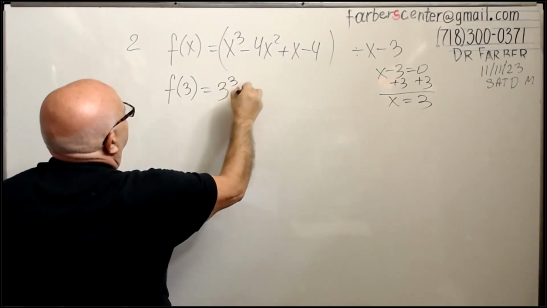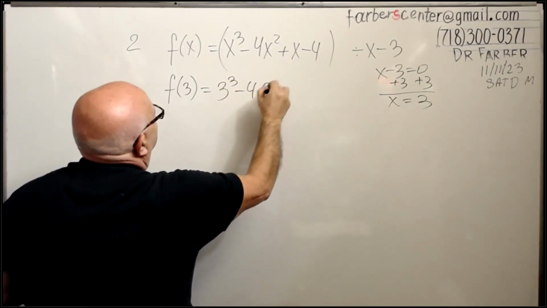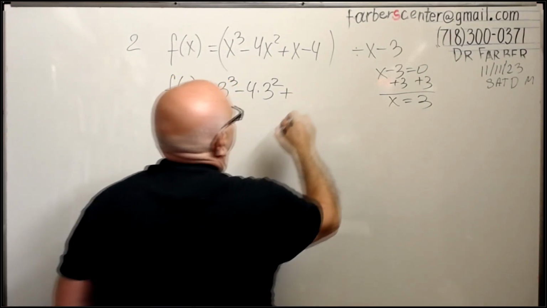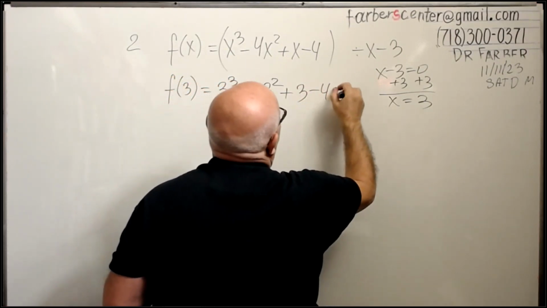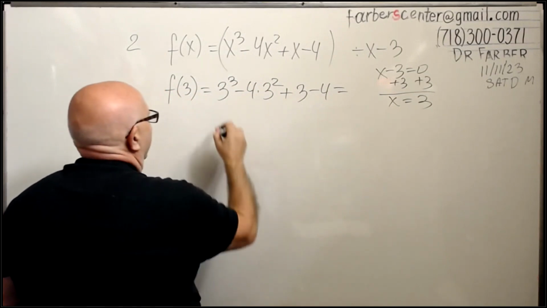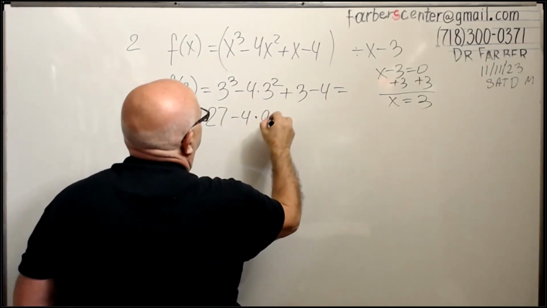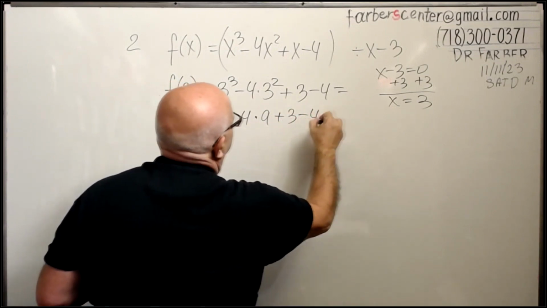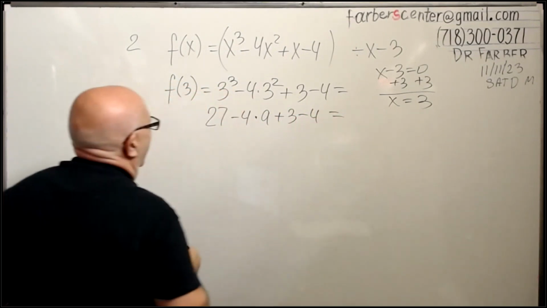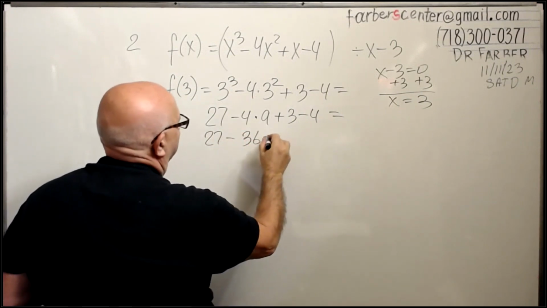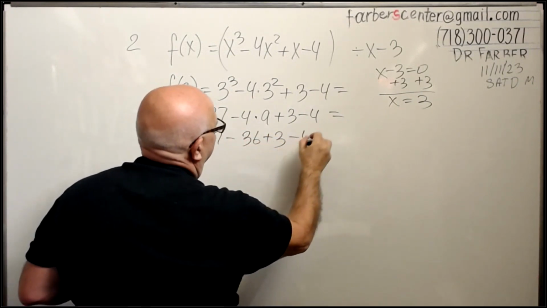3 to the third minus 4 times 3 to the second plus 3 minus 4 equals. This is 27 minus 4 times 9 plus 3 minus 4, or 27 minus 36 plus 3 minus 4.